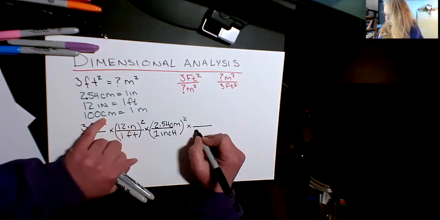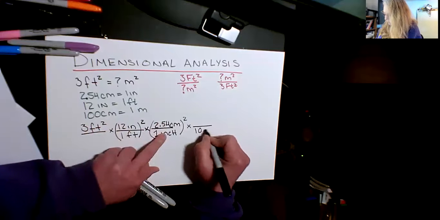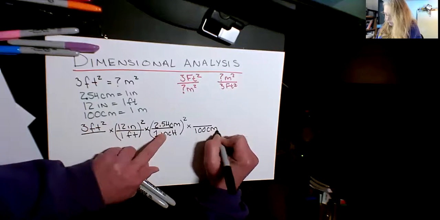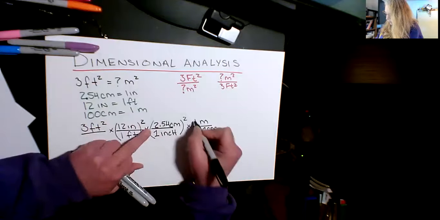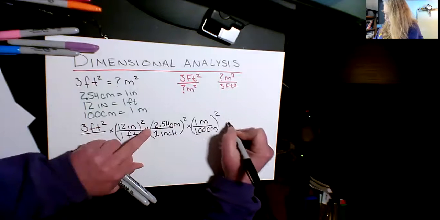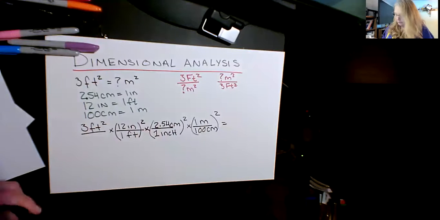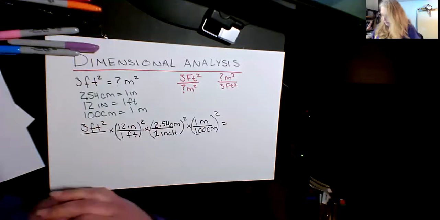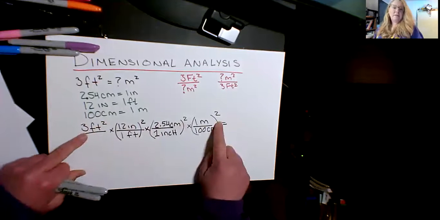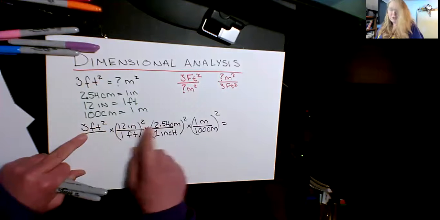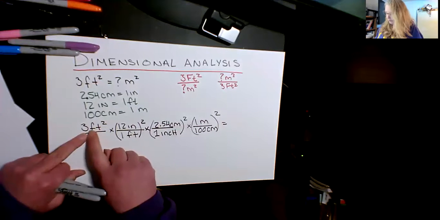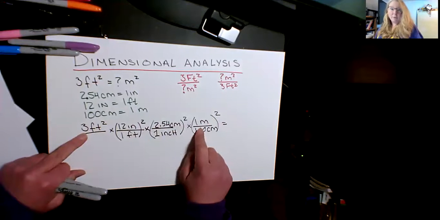So let's say I have 100 centimeters. It needs to go on the bottom in 1 meter. And again, this is squared, so this whole thing needs to be squared. Now the trick here for your calculator, until you get really comfortable with it, is to go across the top in your multiplication, because it's going to be the exact same thing if I go fraction by fraction or if I just go top multiplied divided by the bottom multiplied.